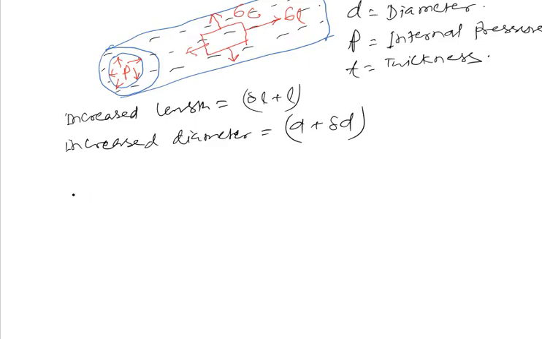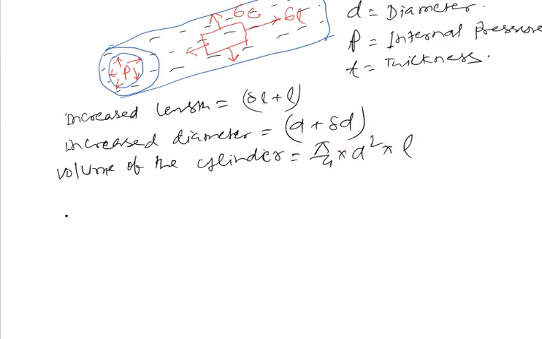Now we can find the original volume. What will be the original volume of the cylinder? The initial volume of the cylinder is pi by 4 into D square into L. Now what will be the changed volume? This is the final length and this is the final diameter.